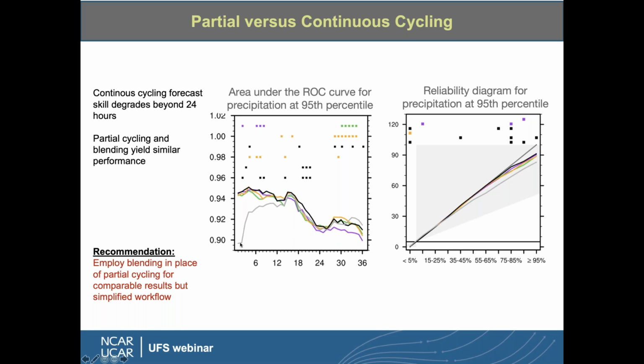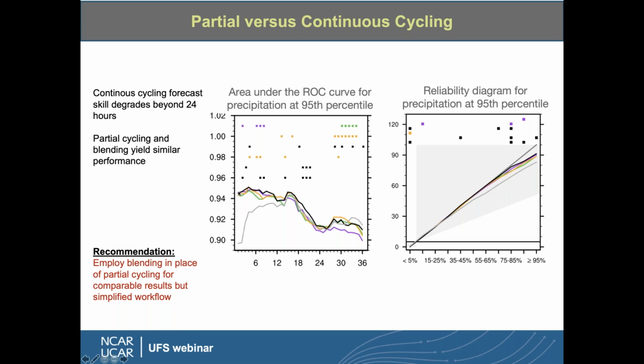The gray curve shown on here is if we just go back and get those GAPS initial conditions again. Those take a long time to spin up, but then they're quite skillful beyond 24 hours. The black line again is our blending. The blending is a way where we can get the best of both worlds.